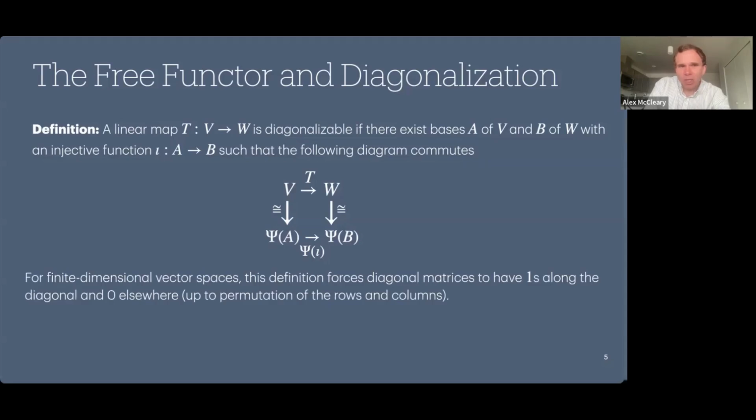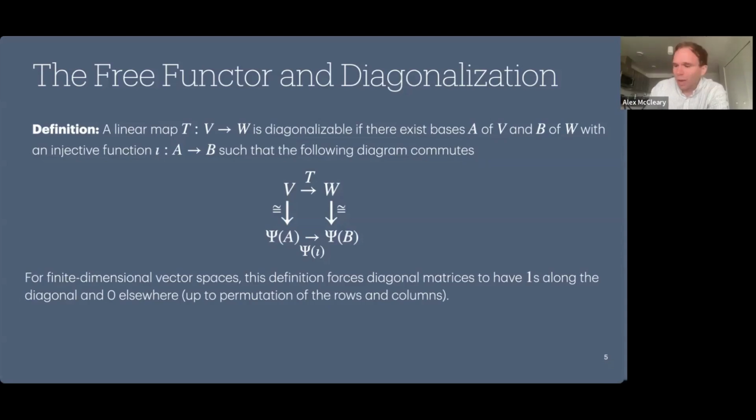And for finite dimensional vector spaces, I will admit that this is not exactly the definition of diagonalization. We're taking some liberties using this term because we're requiring diagonal maps to be induced by injective functions.